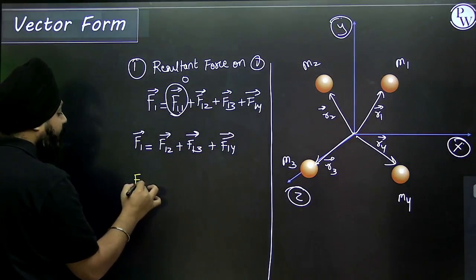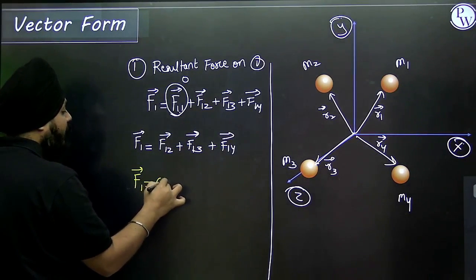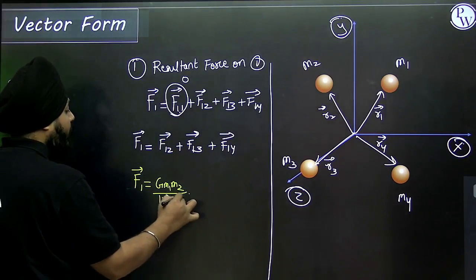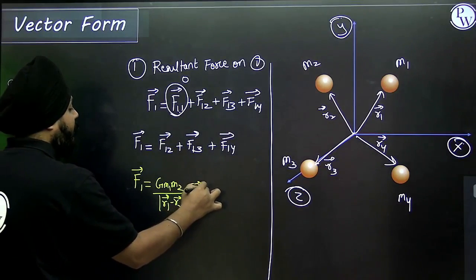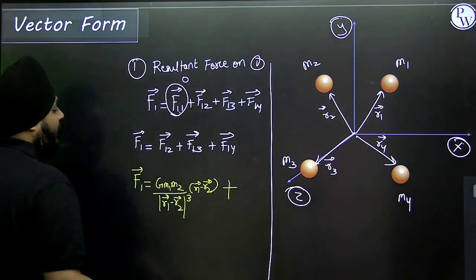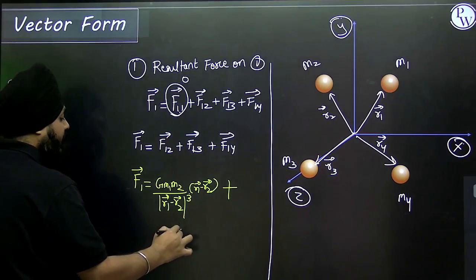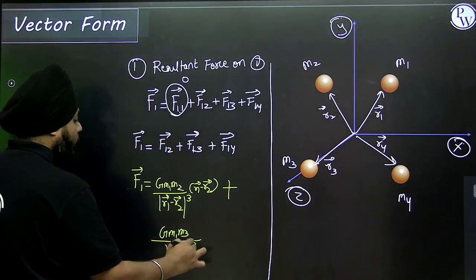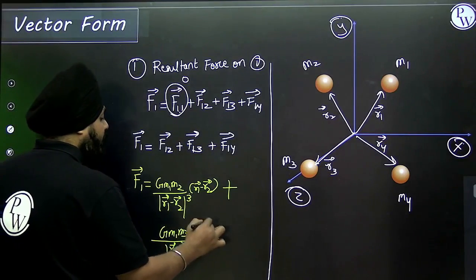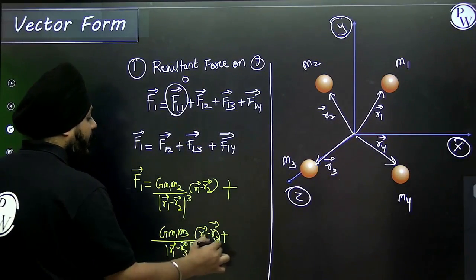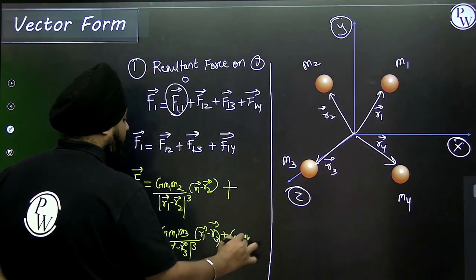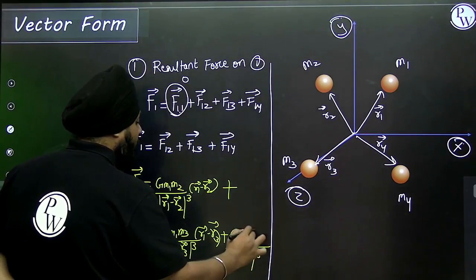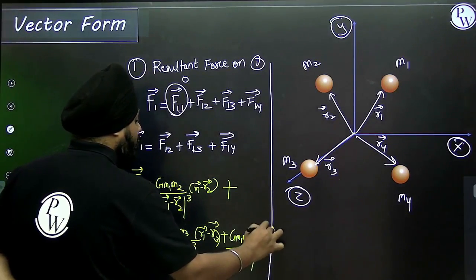So what will be the final expression of the superposition principle? G m1 m2 whole divided by the magnitude of r1 minus r2, whole cube, times r1 minus r2, plus G m1 m3 whole divided by the magnitude of r1 minus r3, whole cube, times r1 minus r3, plus G m1 m4 whole divided by the magnitude of r1 minus r4, whole cube, times r1 minus r4.